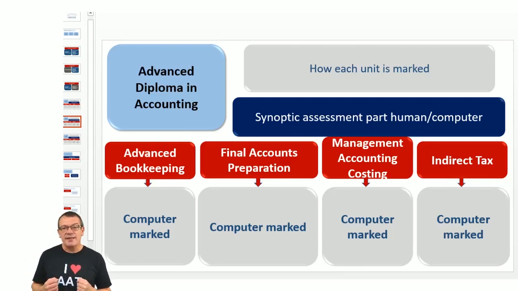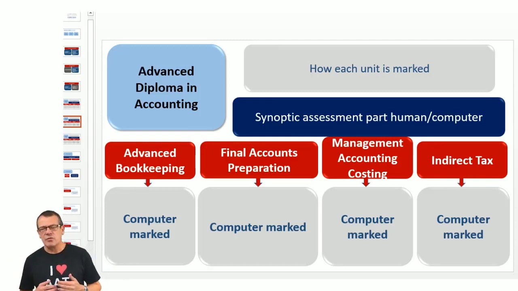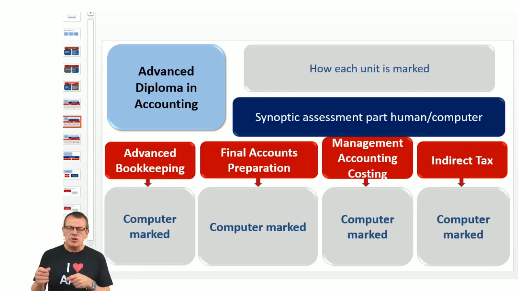However, with the synoptic, it's slightly different. So there's a human element to the marking. And why that is really is because at some stage you will have to do written answers. And whenever written answers turn up in an exam, then inevitably they need to be human marked. I'll just elaborate on that actually, because the background is there will be a scheme to mark to, as we all know, and you know there will be a right answer which you can look at when you do your practice.